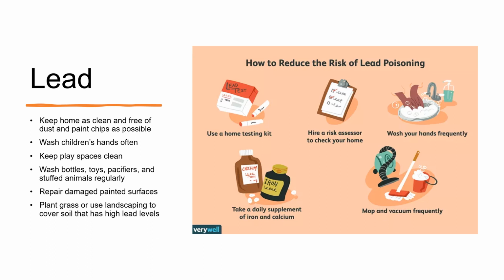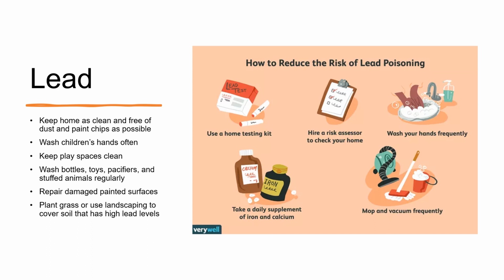It's also advised to take a supplement daily of iron and calcium to help lower the absorption of lead. You can also repair damaged painted surfaces, and if you have soil that has high lead levels, you can plant grass or use landscaping materials to cover that soil.